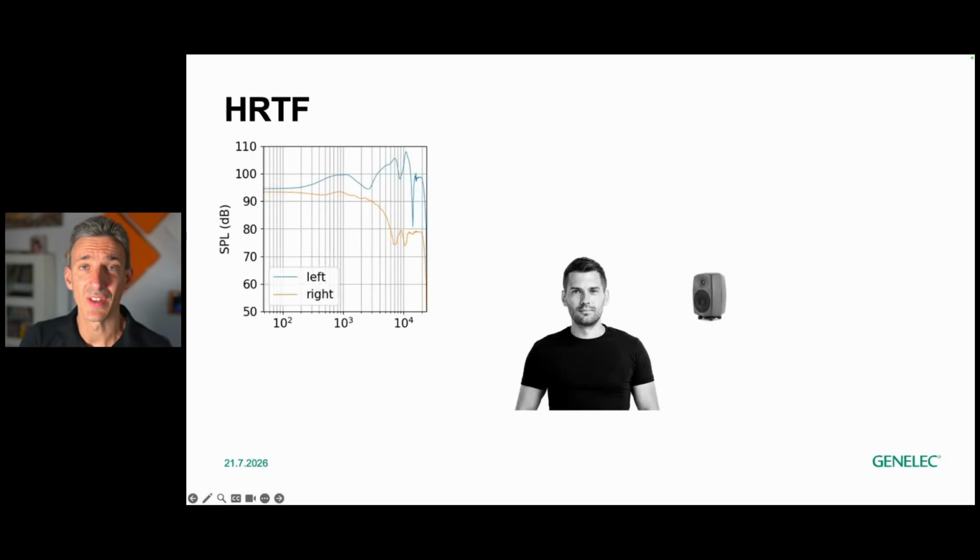The HRTF, the transfer function, is a way to look at this in terms of frequencies. This is a diagram showing the SPL on one axis and the frequency range on the other axis, 100 Hertz to 10,000 Hertz here. The blue curve is his left ear and the orange one is his right ear.